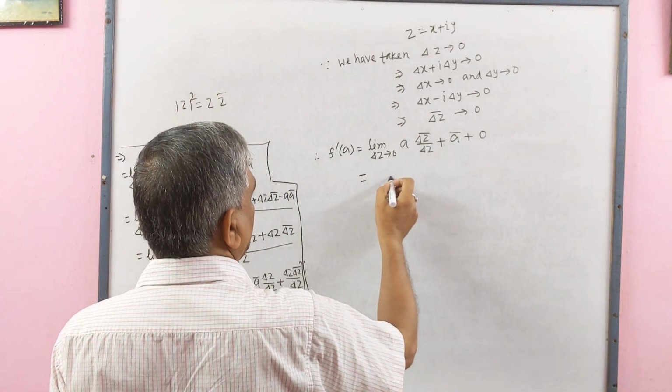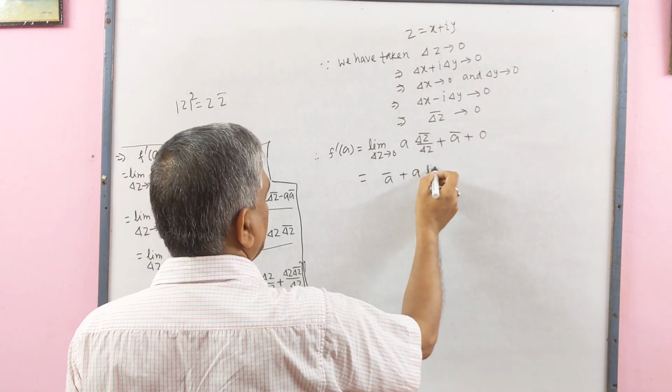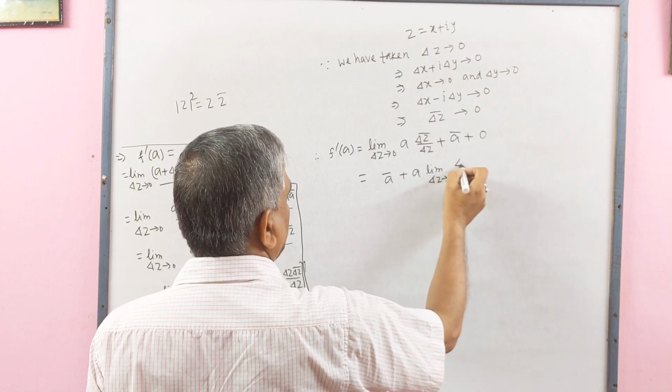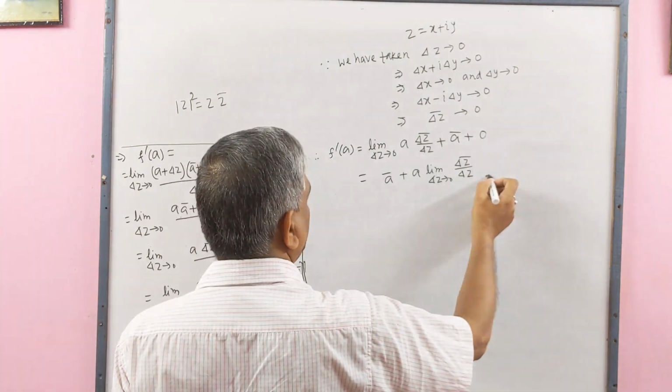This equals a bar plus a times limit delta z tends to 0 of delta z bar by delta z. Let this be number 2.